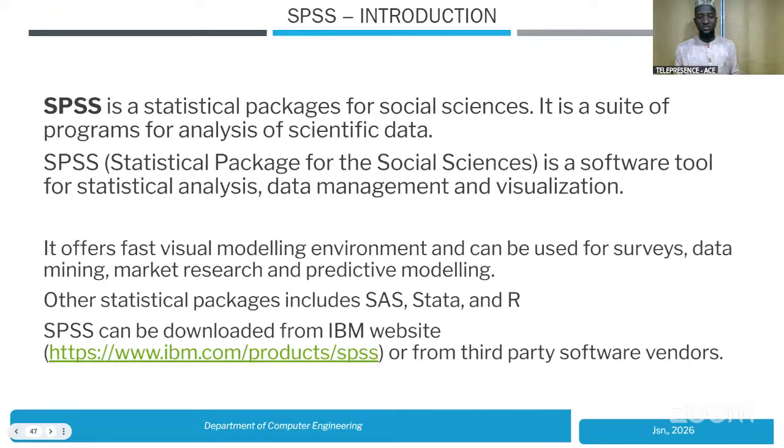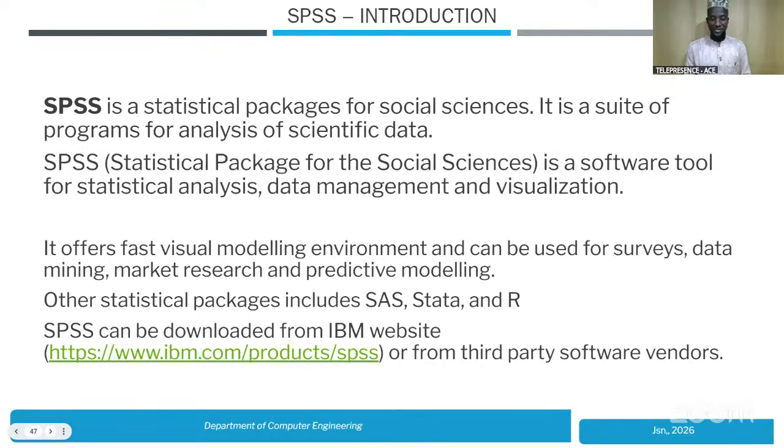SPSS is a statistical package for social sciences. It's a suite of programs designed for analysis of scientific data. SPSS is a software tool for statistical analysis, data management, and visualization. Originally, SPSS was designed for social sciences, people that study psychology, political science, economics, and life sciences.